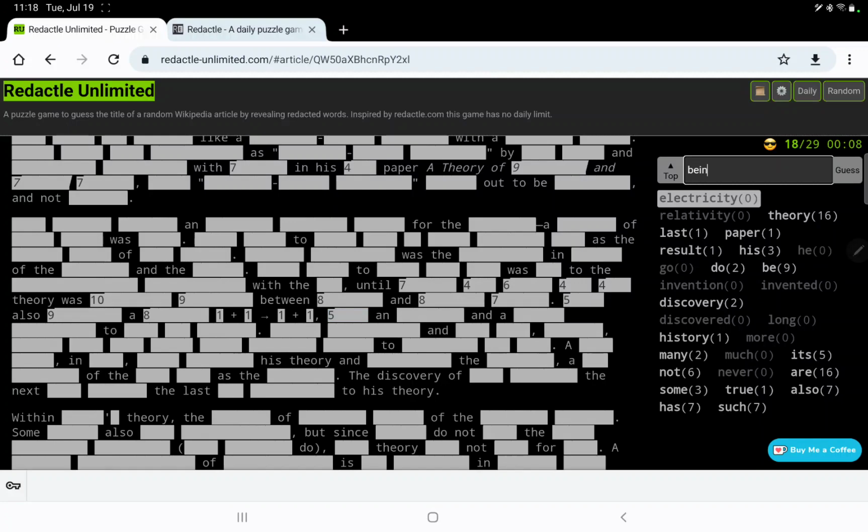We do have something interesting coming up here in the next paragraph. Until something or someone, the theory was something between two things. An 8-letter word, something plus something, and then an arrow to something plus something, a 5-letter word.